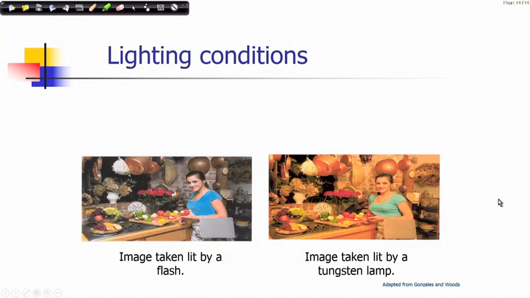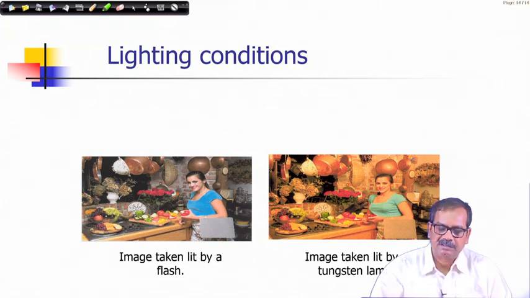Now we will discuss another phenomenon observed when you perceive color. It is the variation of intensities or environmental illumination, and how we perceive colors. When we take photographs or images in varying illuminations, the red, green, blue components vary widely.